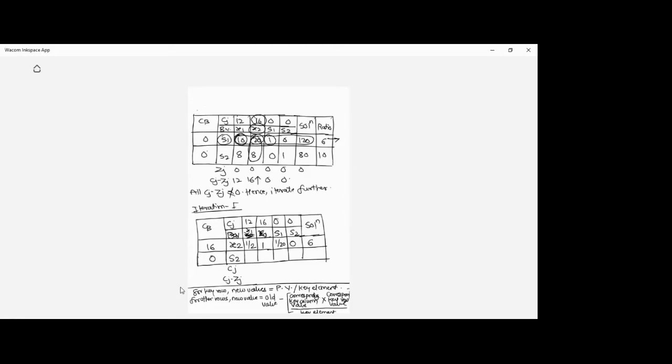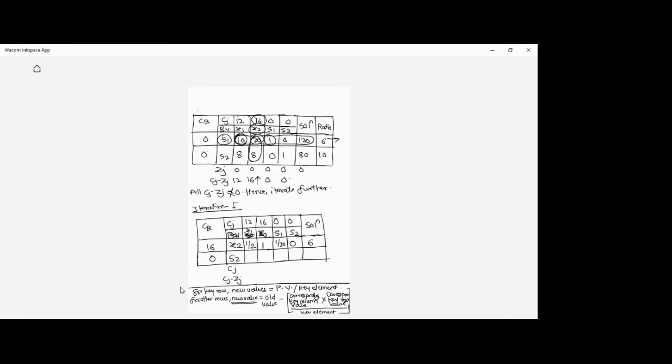So this is a very simple formula, though it may appear to be a bit complex. When you will be practicing, this formula doesn't require any mugging up, and it is very easy. So right, your new value is equal to old value minus corresponding key column value into corresponding key row value divided by key element. So I'll be telling you in the form of some calculation here as well.